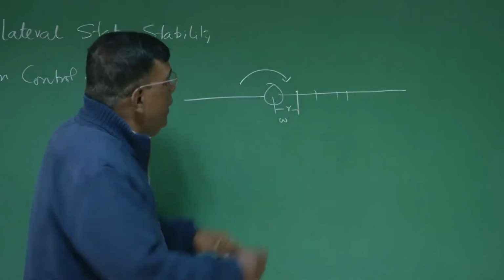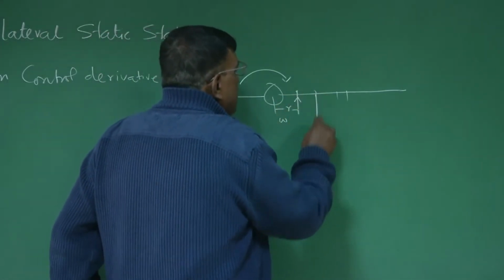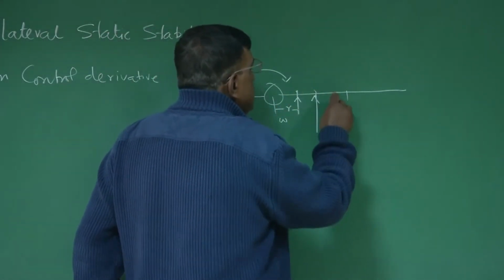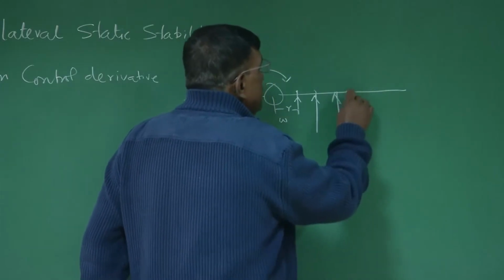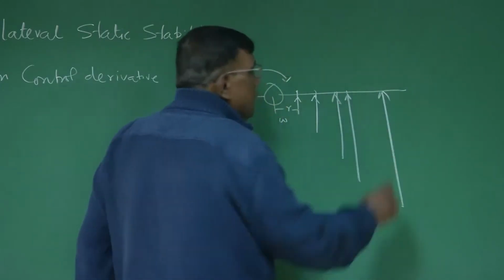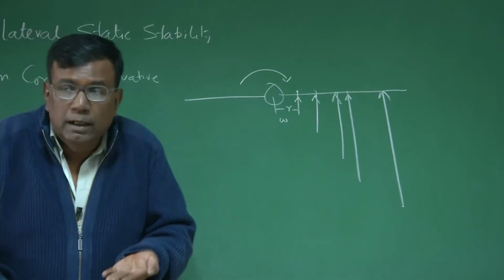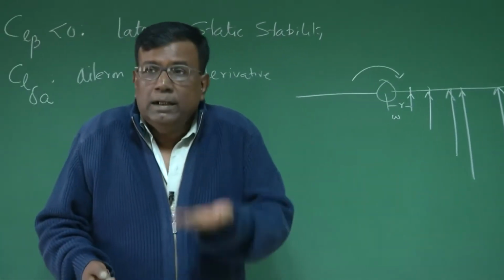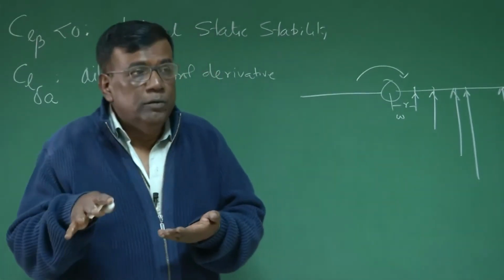So that much induced velocity it will see, and that velocity component goes on increasing because r is increasing. So there is an additional vertical velocity of air the wing will see.